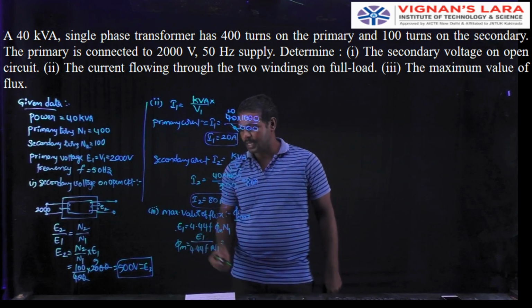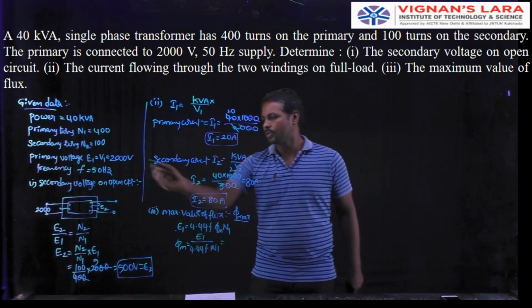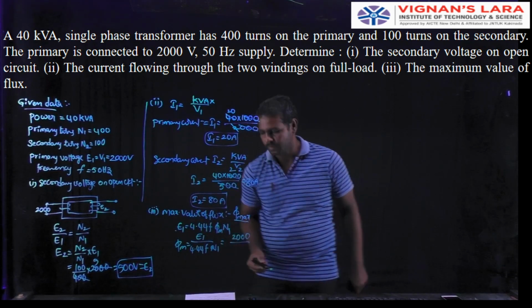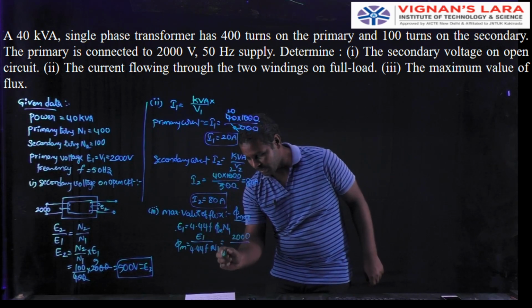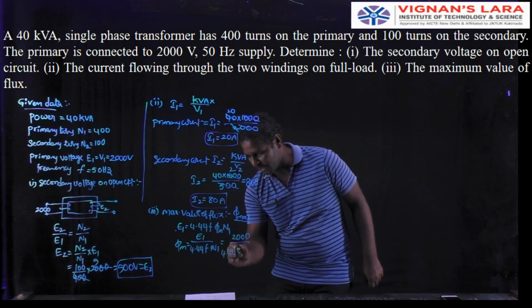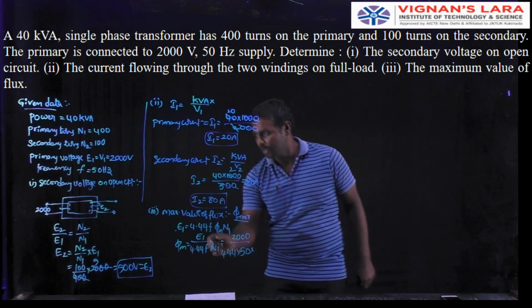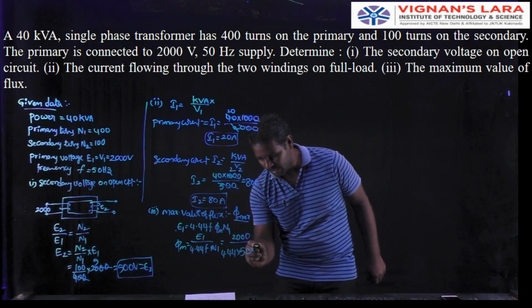E1 is equal to 2000, so phi m is equal to 2000 divided by 4.44 into frequency 50 Hz into N1 equal to 400.